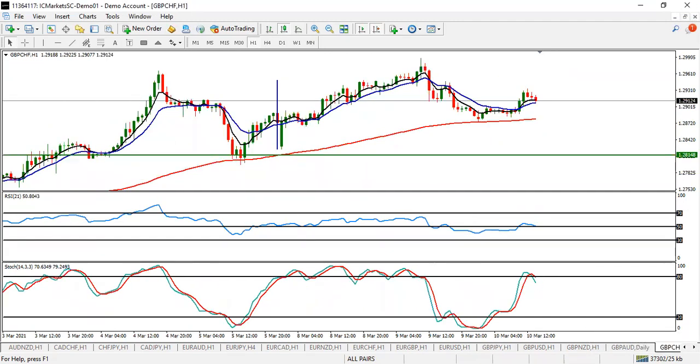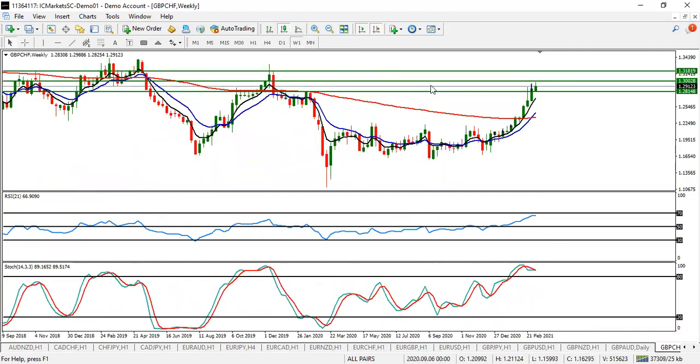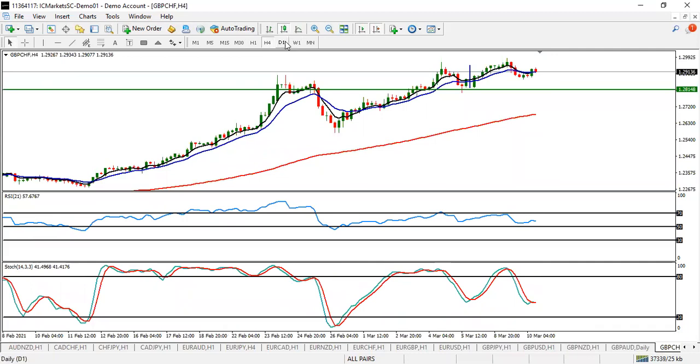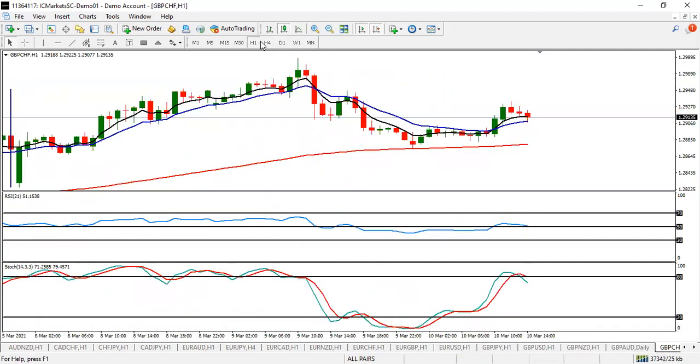G-Chef is the next one I'm going to be talking about. On G-Chef, a resistance has been broken on weekly, so the next resistance is our target. This is still expected to go to the upside.